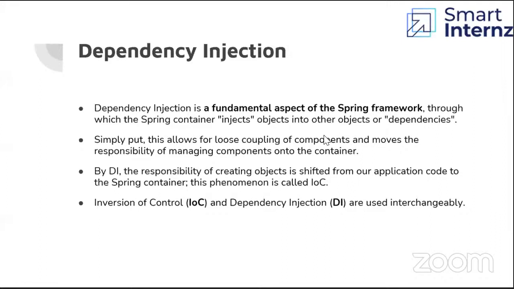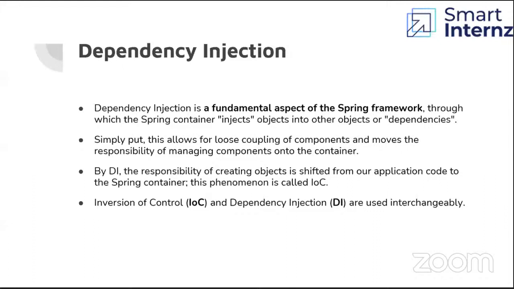This mechanism is called IOC. What we mean by IOC is inversion of control. So using this, the responsibility of creating objects is not ours, but it's the responsibility of the Spring container to provide us the objects whenever they are needed, right?